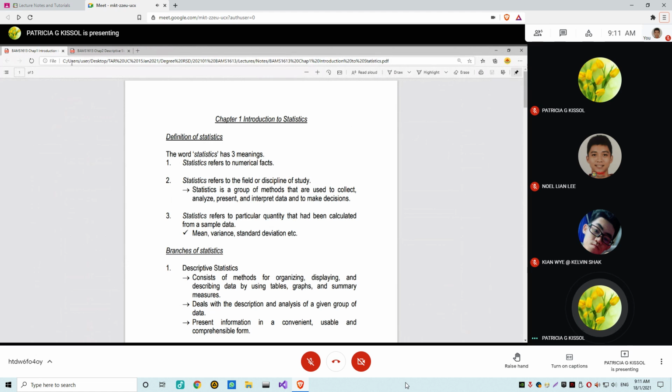You may need graph paper, but I haven't received any clarification in terms of you needed to draw graph during the assessment. So let me get information on that first. At the moment, you don't need to rush and go buy graph paper, yeah.